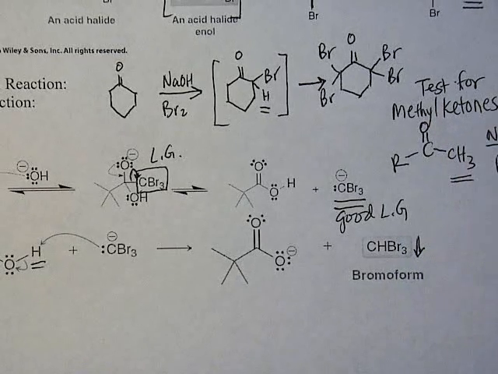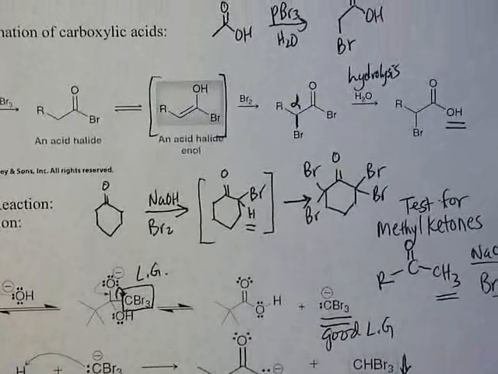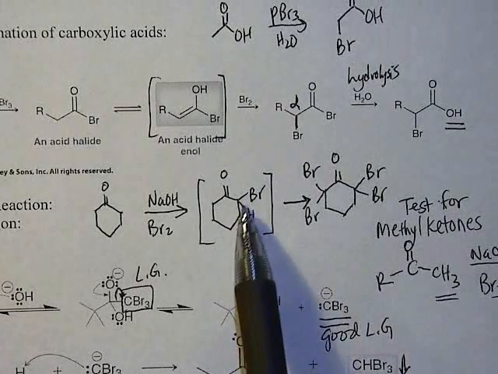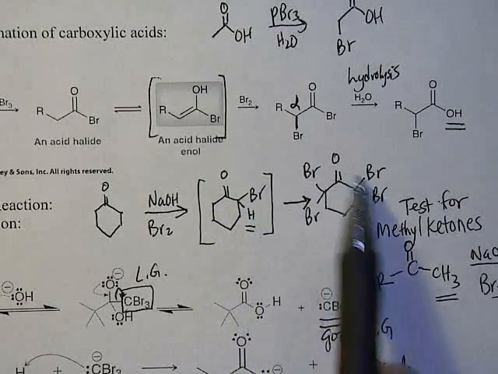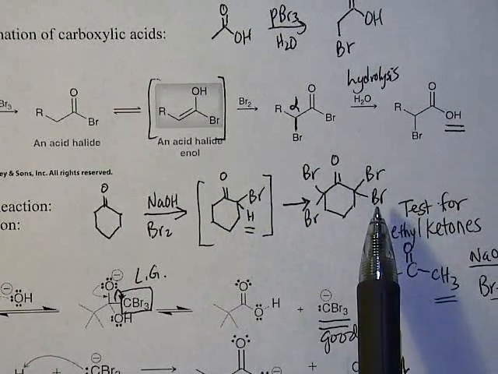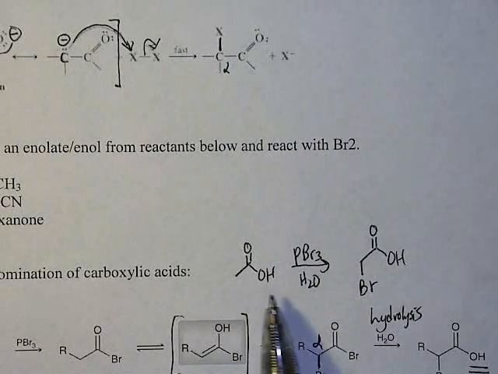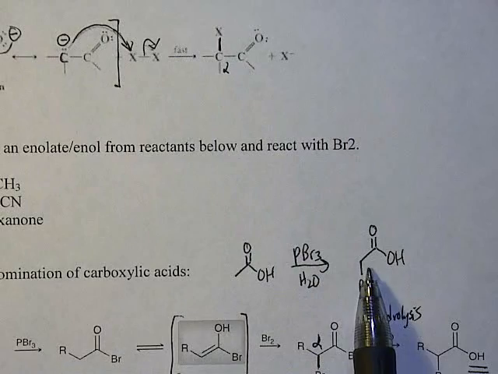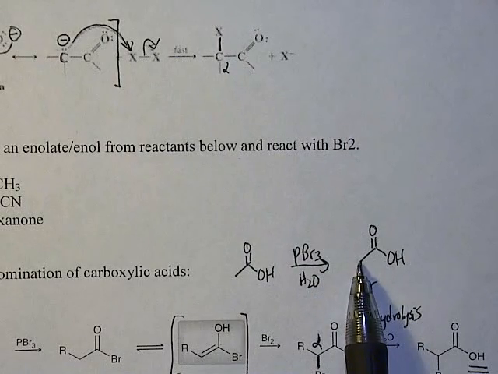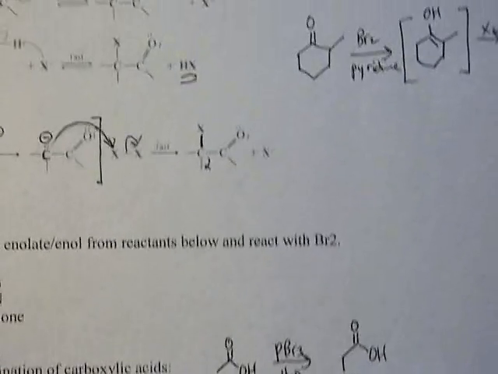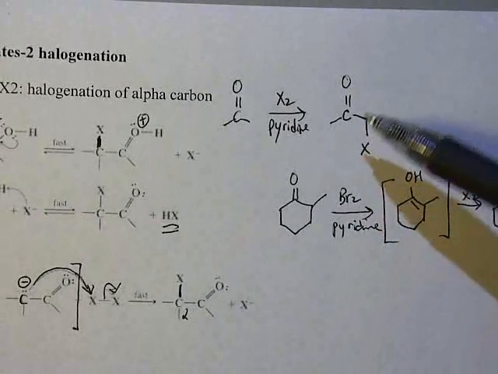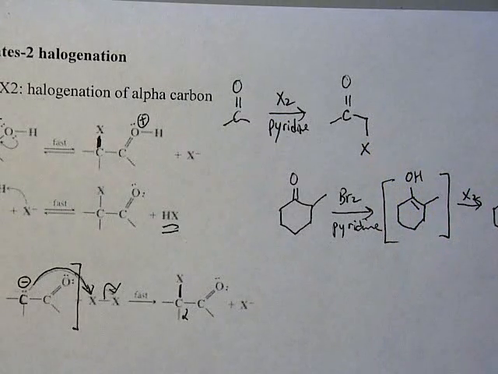All right, so under basic conditions, you halogenate every alpha proton there is until it's all substituted for halogen. Under acidic conditions, you are just halogenating once on the alpha carbon, both with carboxylic acids and ketones, as shown here. All right.